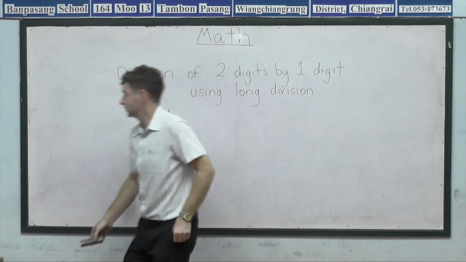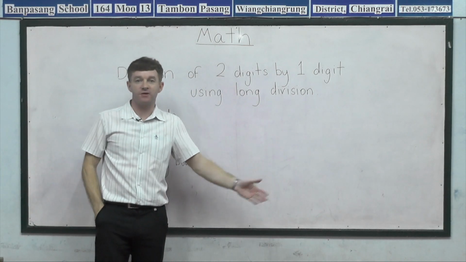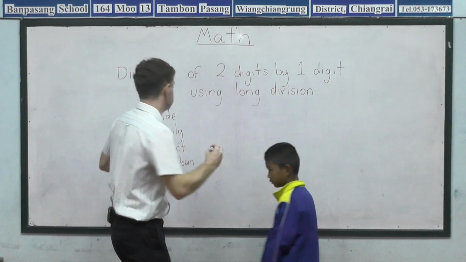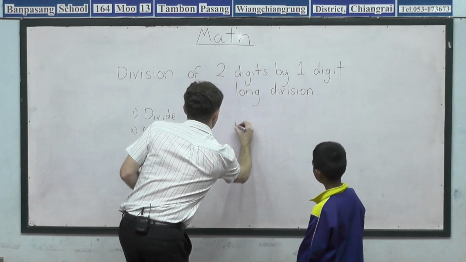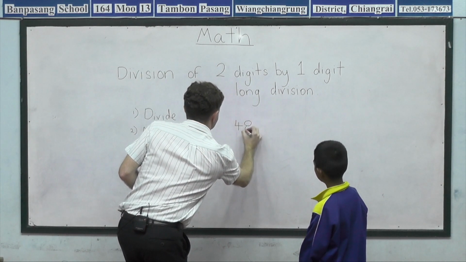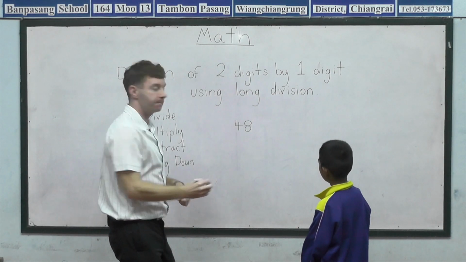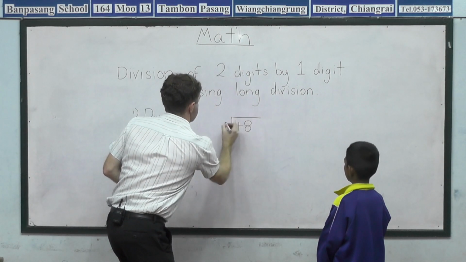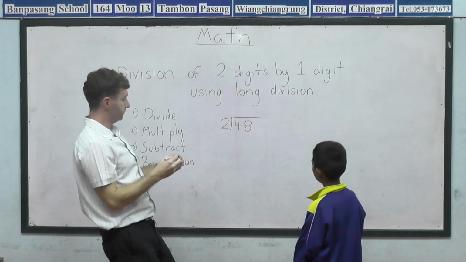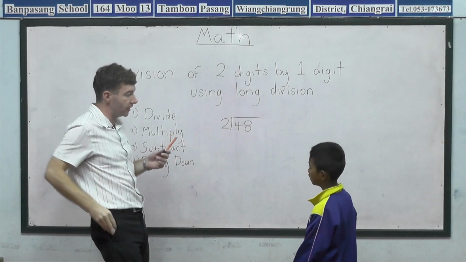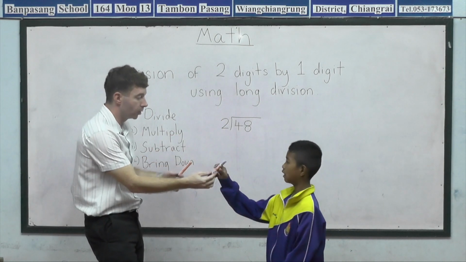Excellent. So let's see, this time we'll have some different numbers. Let's have 48 divided by 2. Okay, Pat, what colour would you like? Black or blue? Blue, okay.